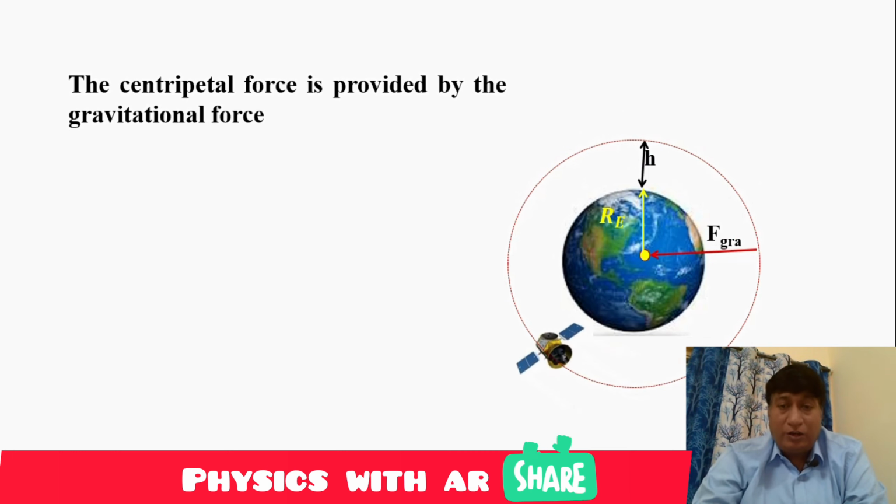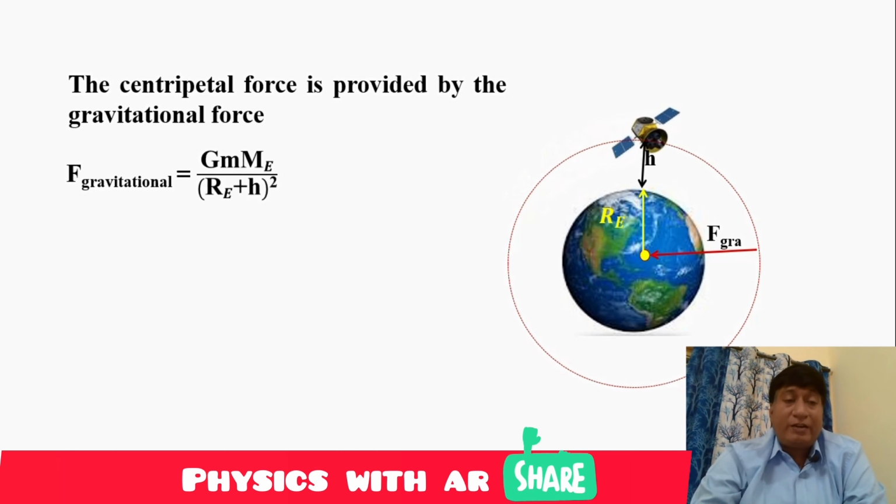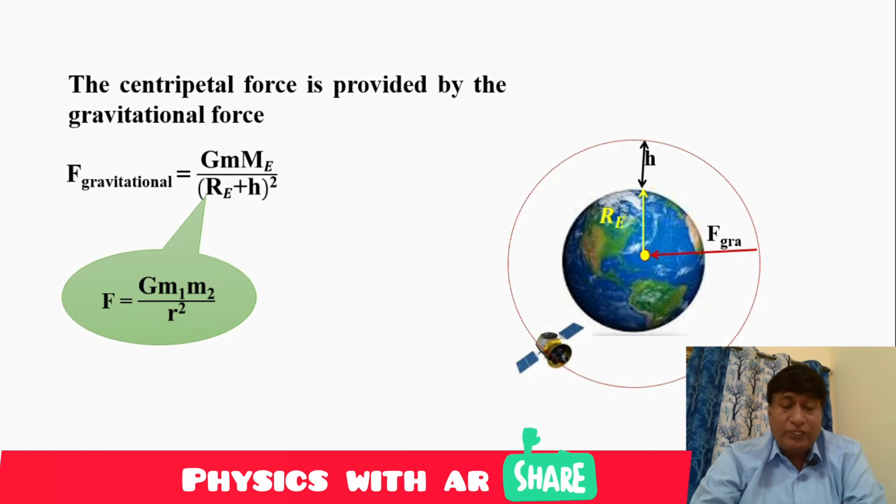The satellite always tries to be attracted towards the center of the Earth, which is the centripetal force. We have already proved that the gravitational force is G times M times m by Re plus h whole square, with the help of what you studied at the beginning.